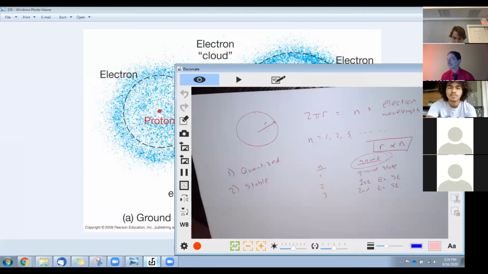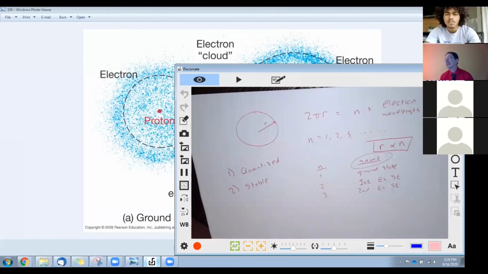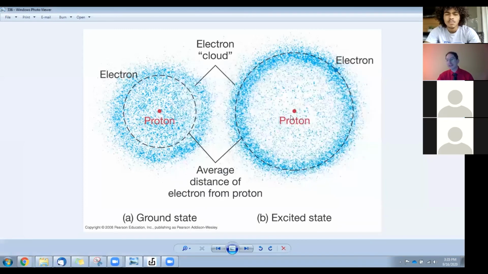Do we know if these orbitals are elliptical or circles? They can be strangely shaped. And that's why we can still have random electrons very, very close to the proton. Even here, in the first excited state, there's some probability the electron can get really close.